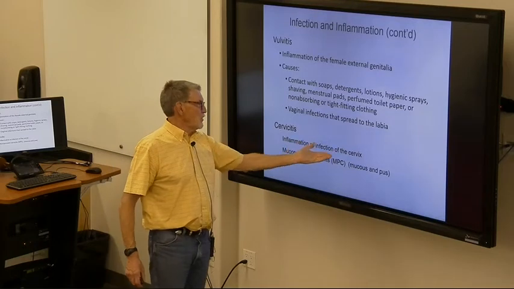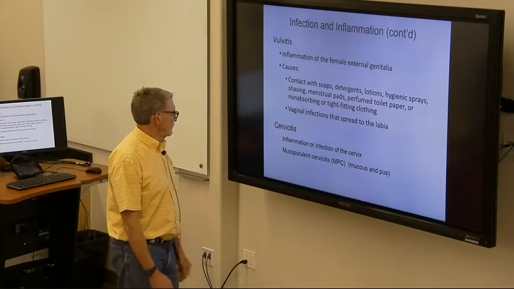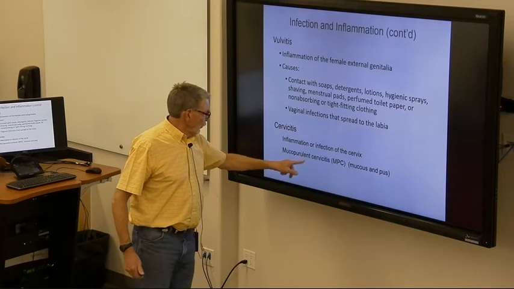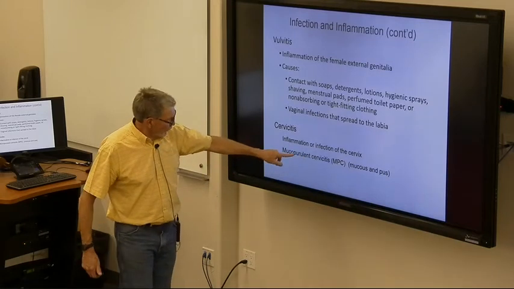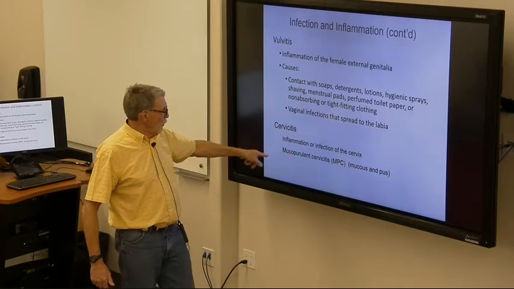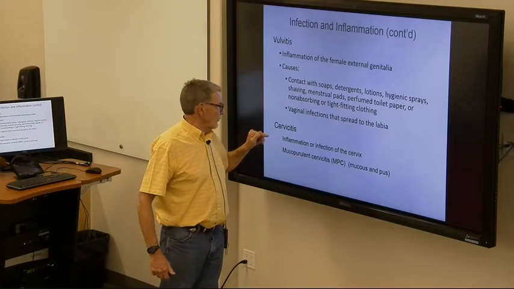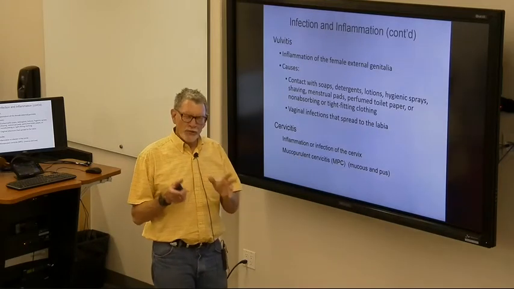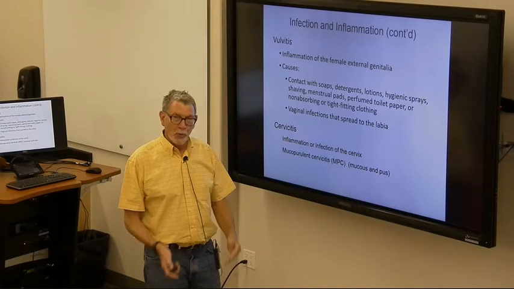Cervicitis is inflammation of the cervix. And if it's mucopurulent, mucus purulent means pus. So mucopurulent means there's an infection that's causing the white blood cells to die and form pus in that area.